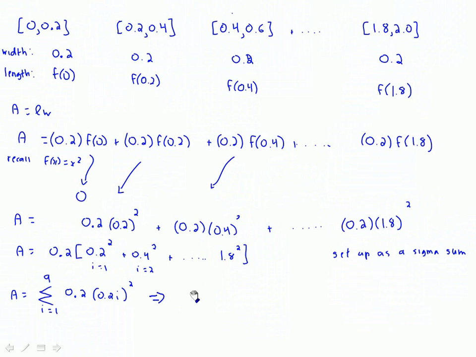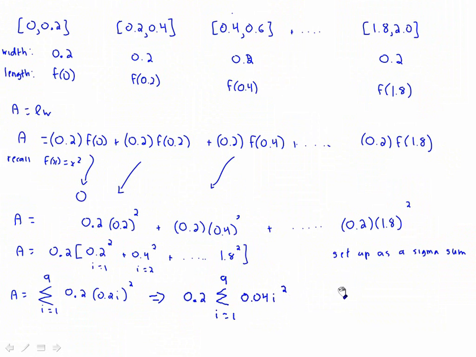this is going to give us, taking that 0.2 to the front using the property that we've got, we can write this as the sum from I equal 1 to 9, and then we get 0.2 squared is 0.04 I squared.